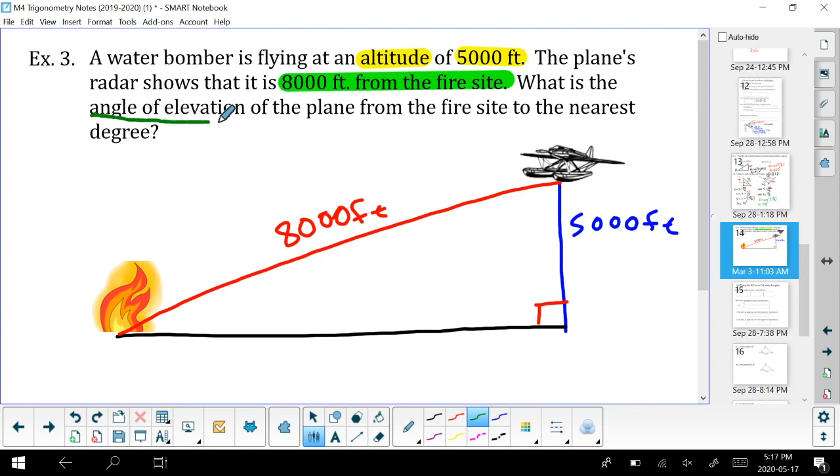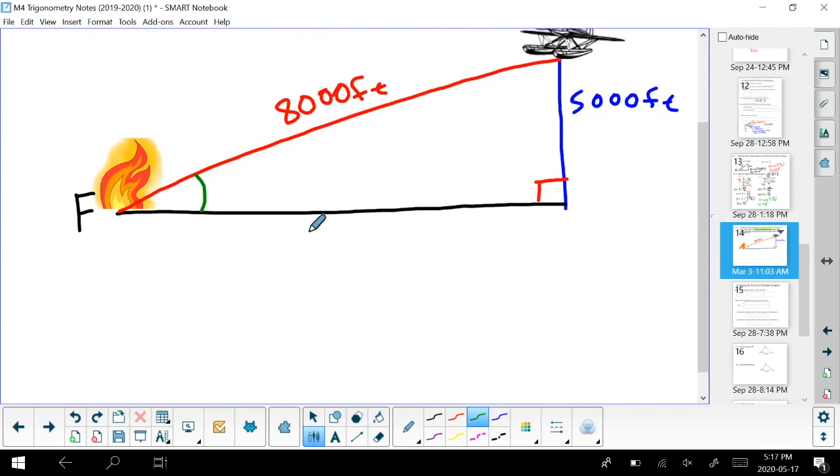So let's figure out where our reference angle is for this question. Your angle of elevation of the plane from the fire site, so we're looking from the fire site up to the plane. We're going to label our reference angle right there. We have no idea what that is, so let's call this angle F. We're looking at our two sides that were given, and we want to figure out which trig ratio we need to use.